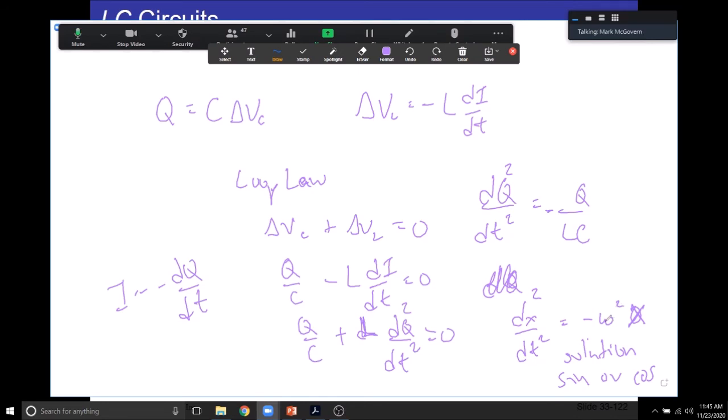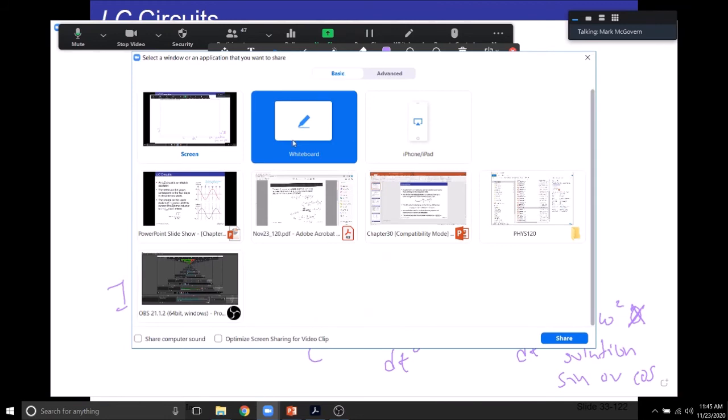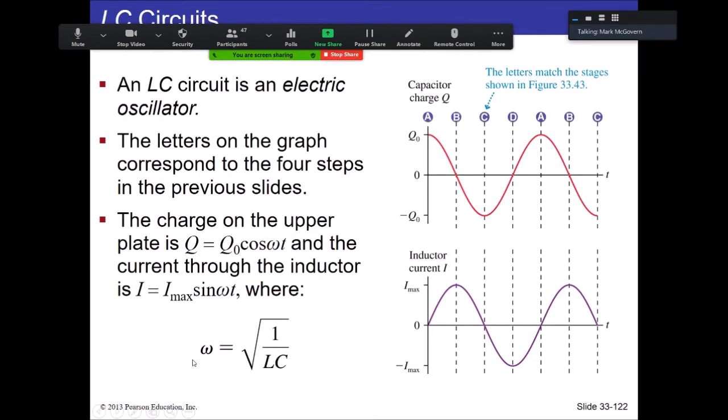So omega is equal to radical 1 over LC. This is angular frequency, which is also determined by oscillatory frequency, 2 pi f.